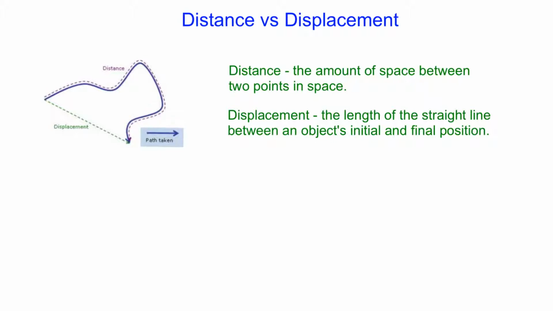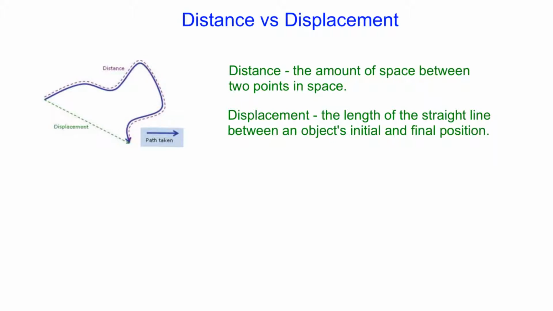Alright? If you want the runner's displacement, that's going to be different from their distance. Their displacement is the length from their starting position to their ending position. So you can definitely see that these two values are going to be much different than each other.